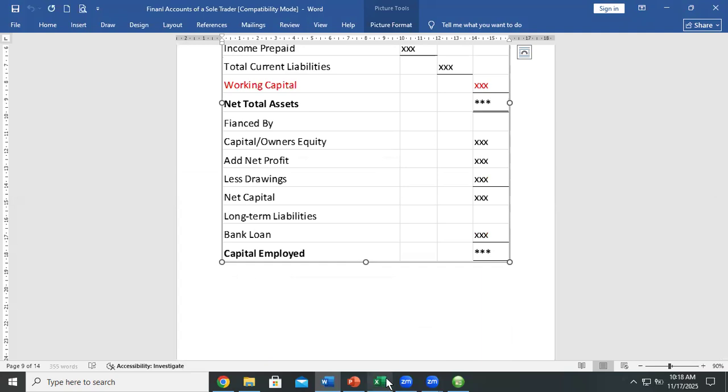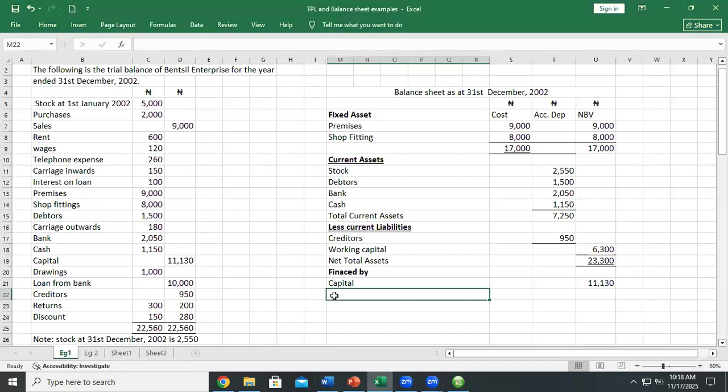Okay, so let's look at adding the net profit. I think we were able to estimate the net profit the last time. So I don't know if any of you have the figures for the net profit from this question as we saw it the last time. Or none of you kept that data.